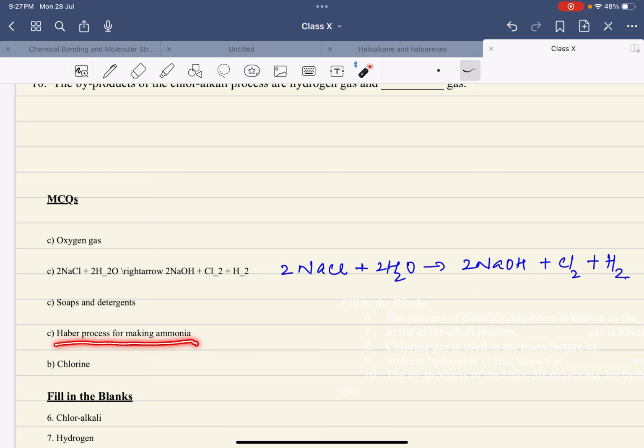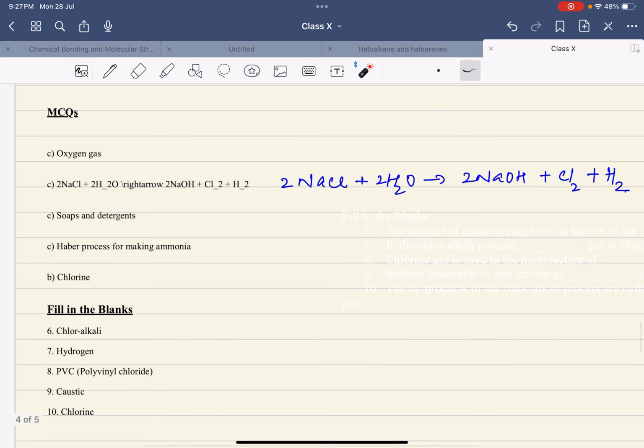Haber's process for making ammonia; chlorine gas is used. For the fill in the blanks: chloralkali process, hydrogen, PVC, caustic soda and chlorine. So, in the next class I am going to explain other chemicals, that is bleaching powder.